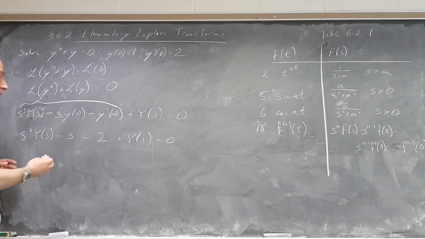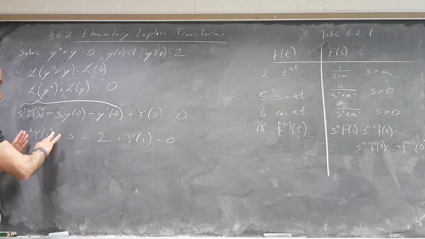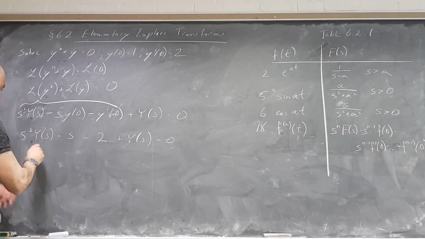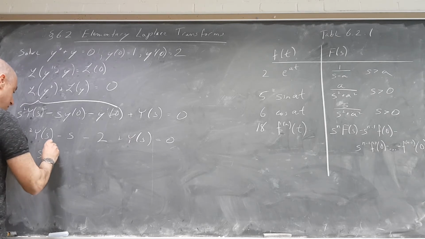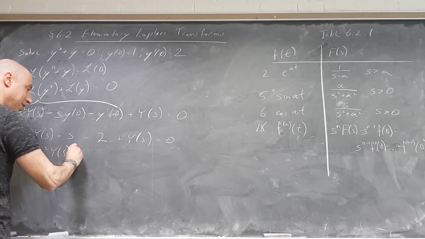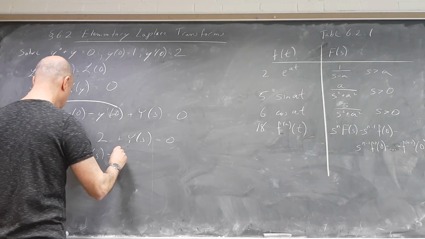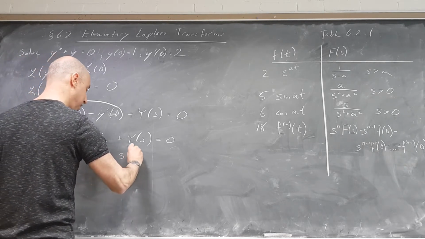So let's go ahead and move everything without a capital Y in it to the right side. And what we're left with is s squared capital Y of s plus Y of s equals, let's say, s plus 2.